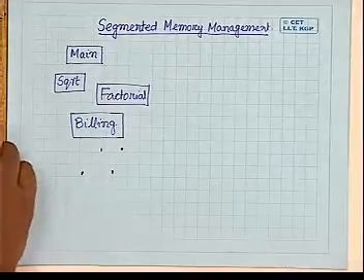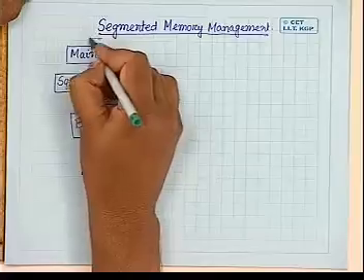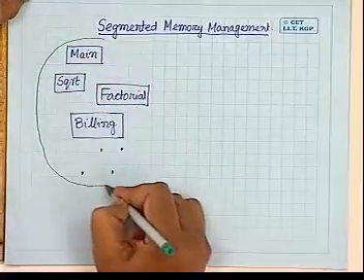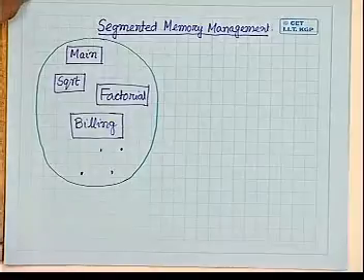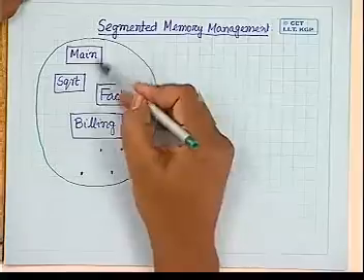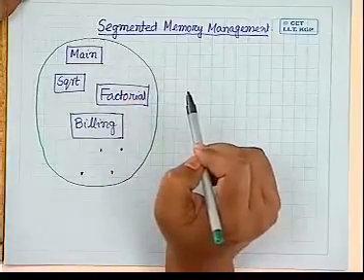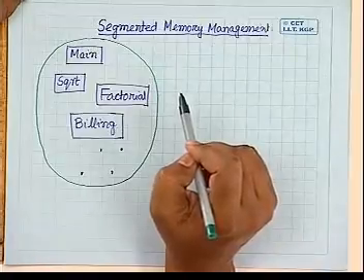Now all these functions taken together form the logical address space of the entire program. And it is quite obvious that these different functions may not be of the same size. In general, different functions will be of different size.